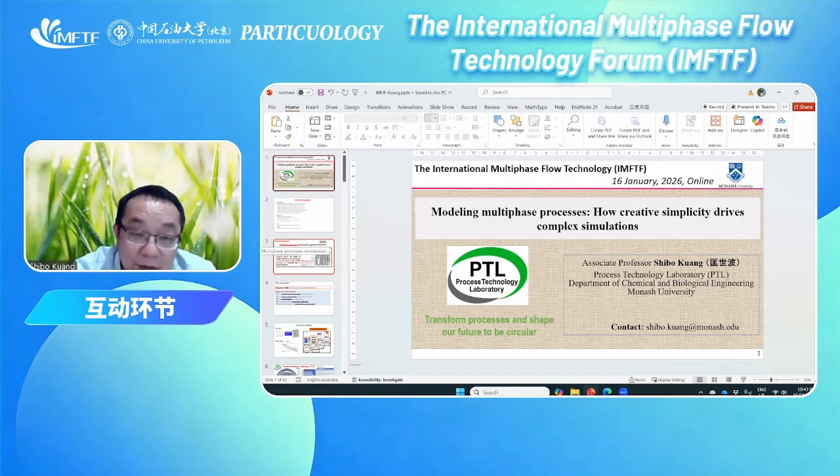So normally we should go step by step to establish all the reliable constitutive relations. But this sometimes, or in most situations, is impossible. So in this situation, we should introduce some simplification. For example, we borrow some ideas in this upscaling process from other studies.